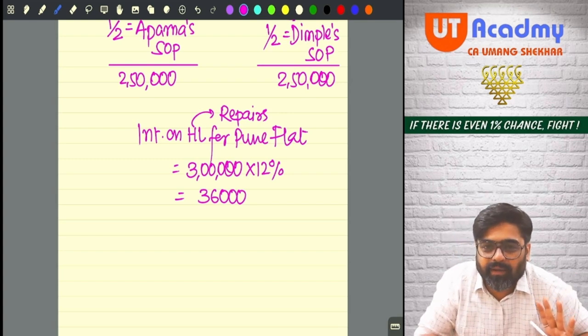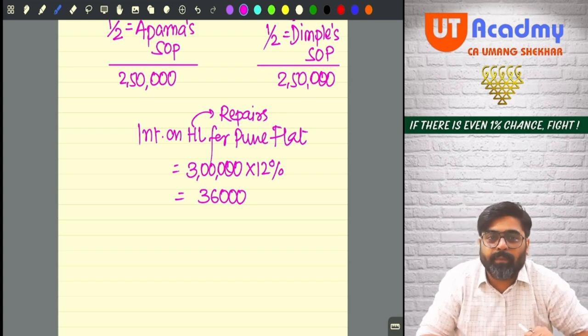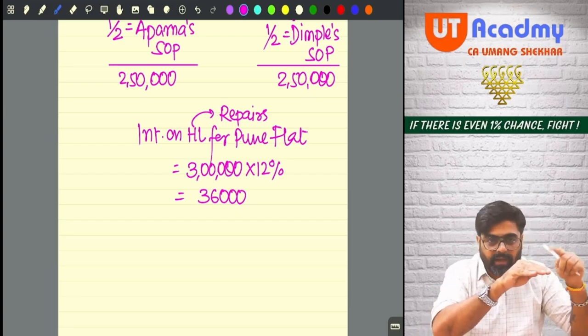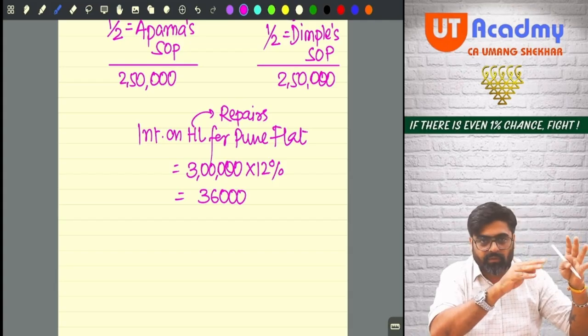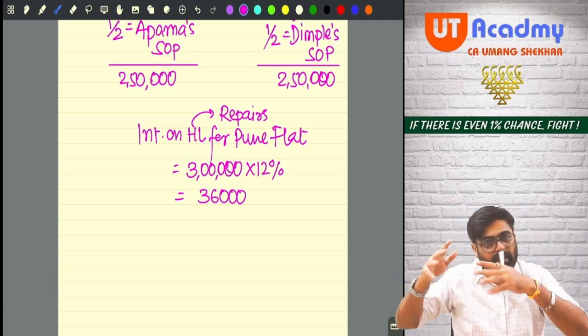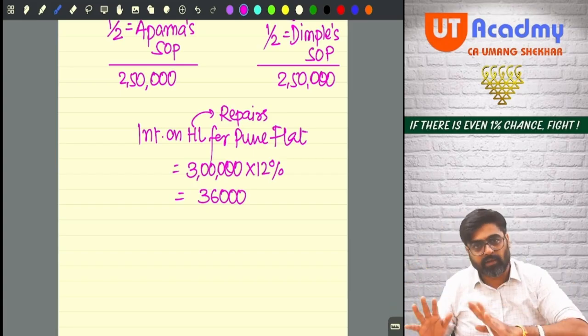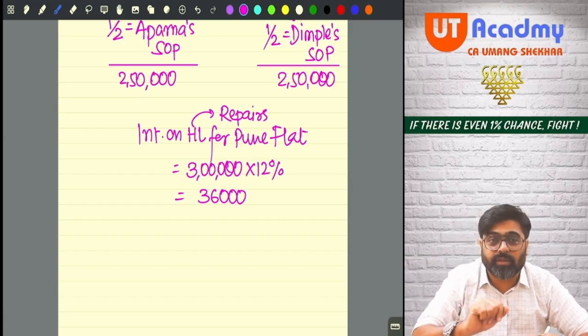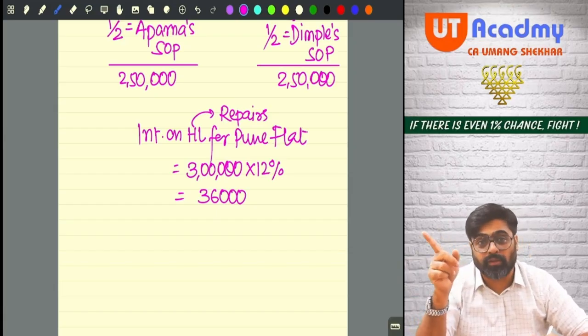Got it? But what if both are following 115BAC? Then Dimple's SOP interest will not be allowed. Final income will be nil. Aparna's both SOP interest will not be allowed. Final income will be nil. Got it? But in this question, they are telling that both of them are shifting out of the default tax regime.